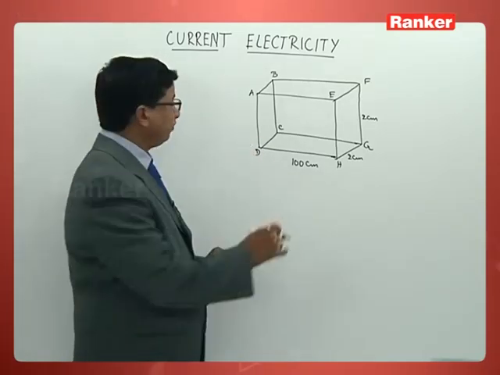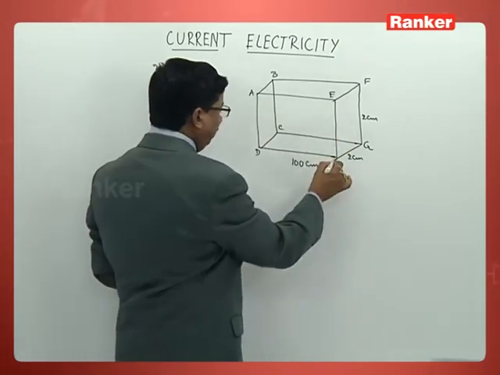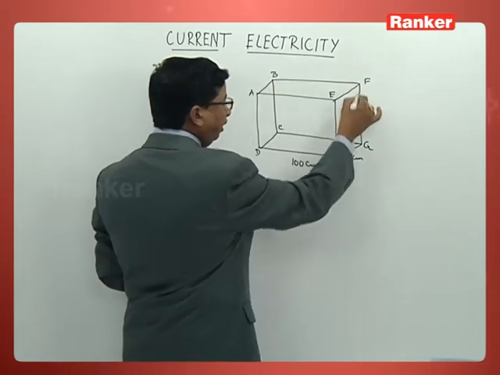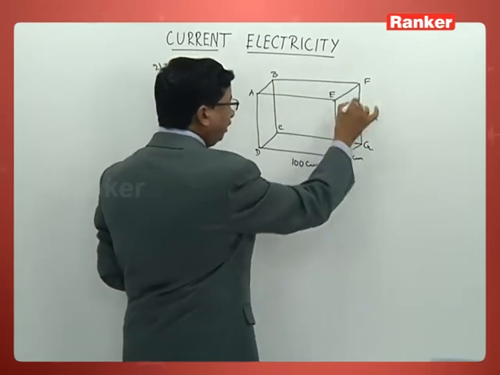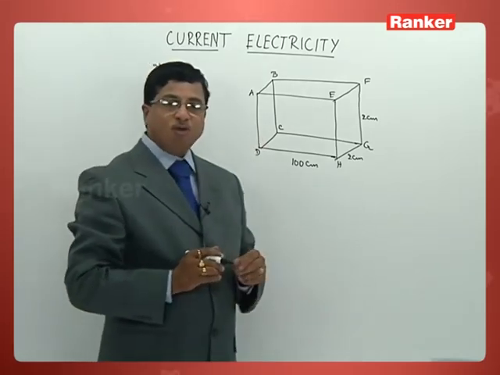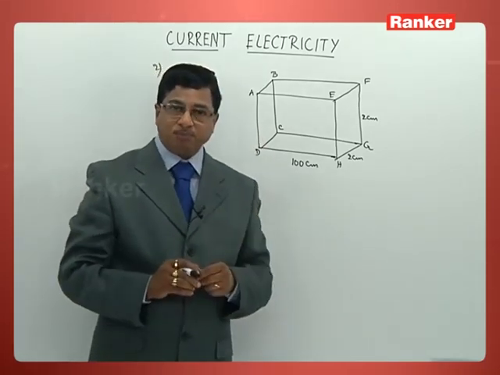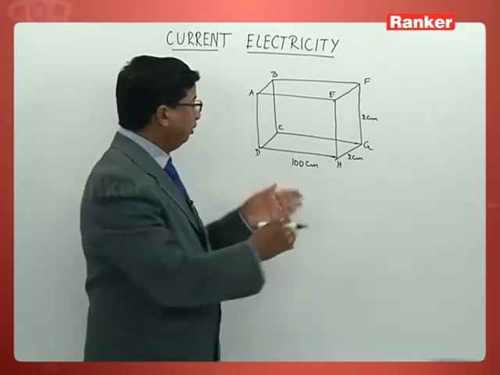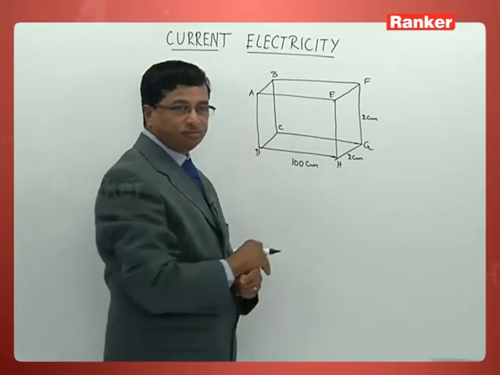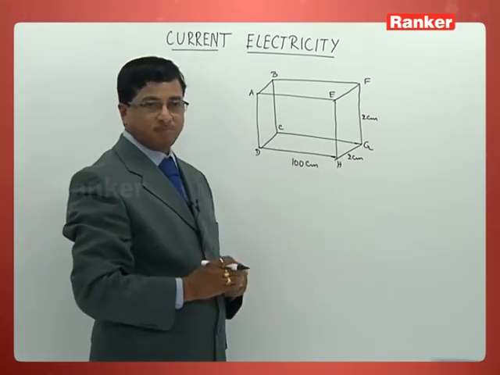Rectangular faces. A, E, H, D is one rectangular face. B, F, G, C is the second rectangular face. So his question is, what would be the ratio of resistances between square faces and rectangular faces? That is what he has asked.